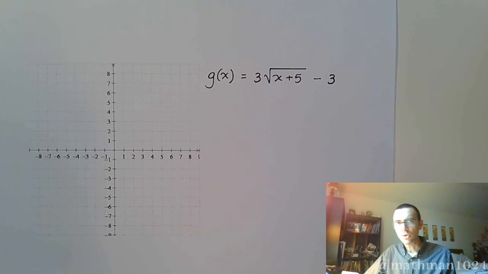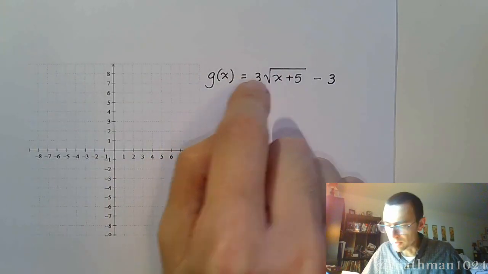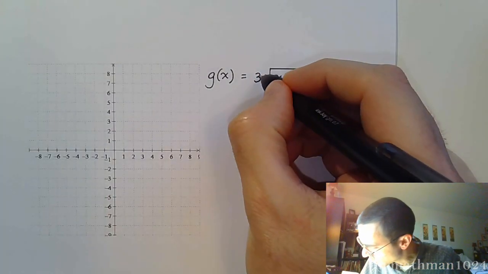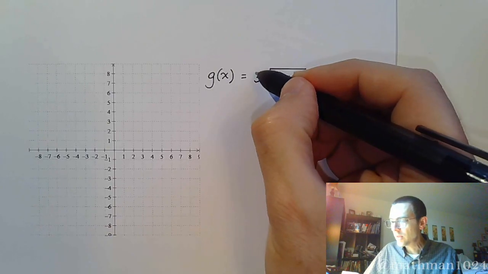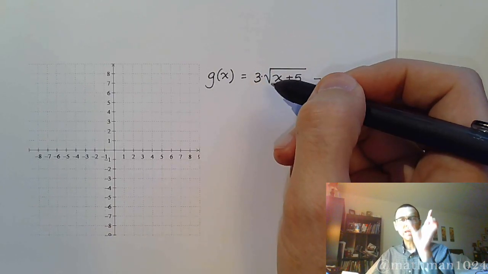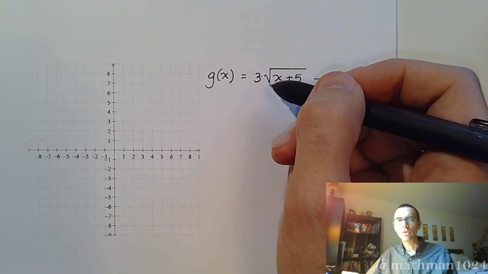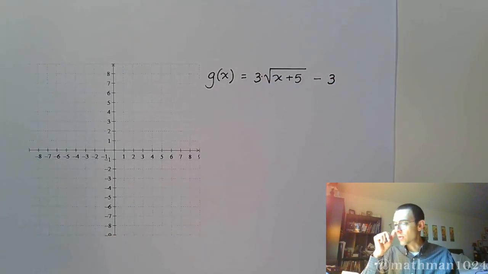Now you want to make sure that you are very careful in how you write this. Notice that I have 3 in front and it's connected through multiplication. Don't let that 3 sneak into the index nook, where it would then be read as a cube root function. So this is square root times 3.